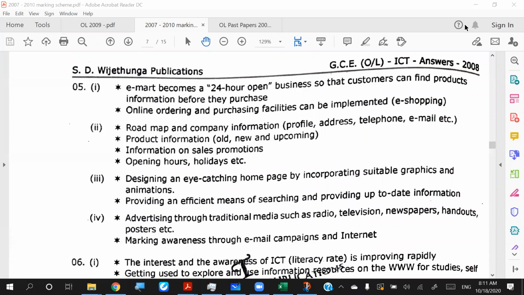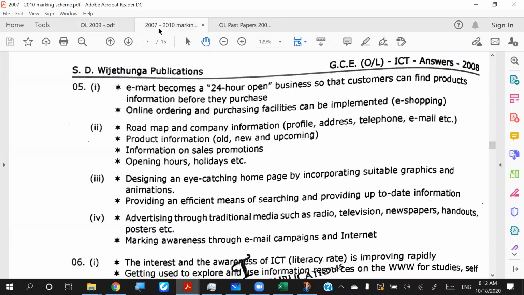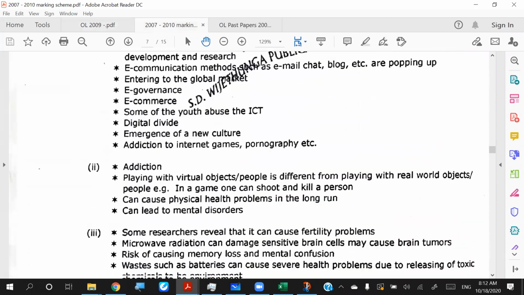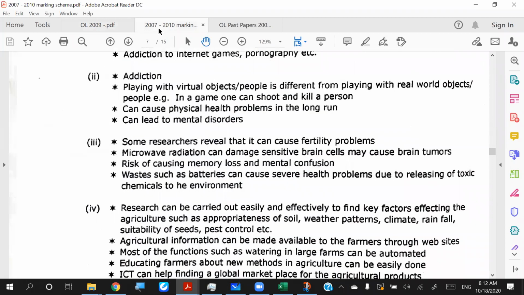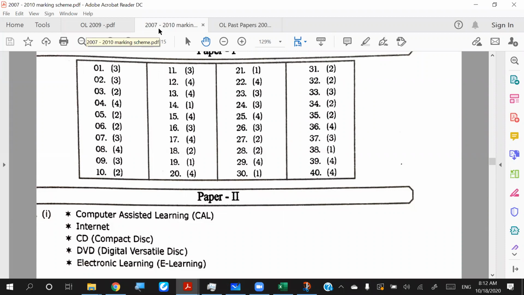Okay. Right, people, if you have done the 2009 paper, I'm going to show you the marking scheme for the MCQ. Please mark it and let me know the incorrect answers. There are some out of syllabus questions, and that particular paper is very tiring to do.